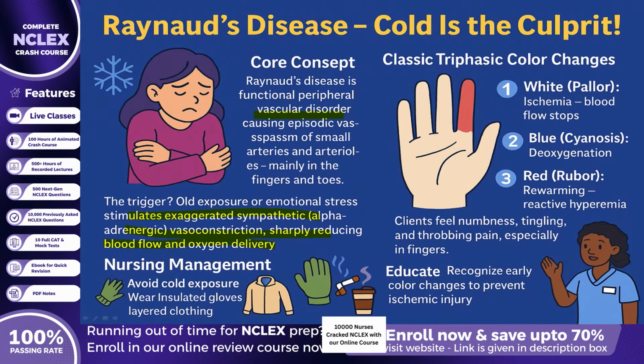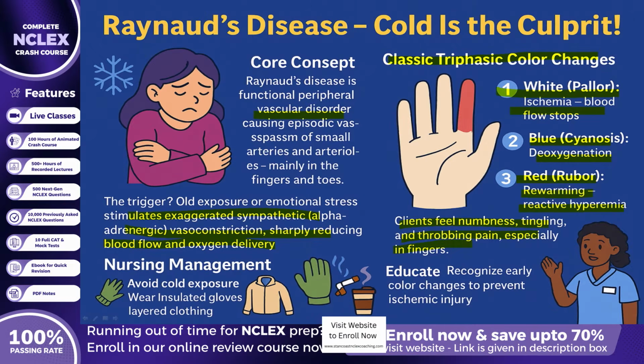This physiological change results in the classic triphasic color pattern: white or pallor from ischemia, blue or cyanosis from deoxygenation, and red or rubor when blood flow returns during rewarming due to reactive hyperemia. During these attacks, clients typically describe sensations of numbness, tingling, or throbbing pain, especially in the fingers or toes.